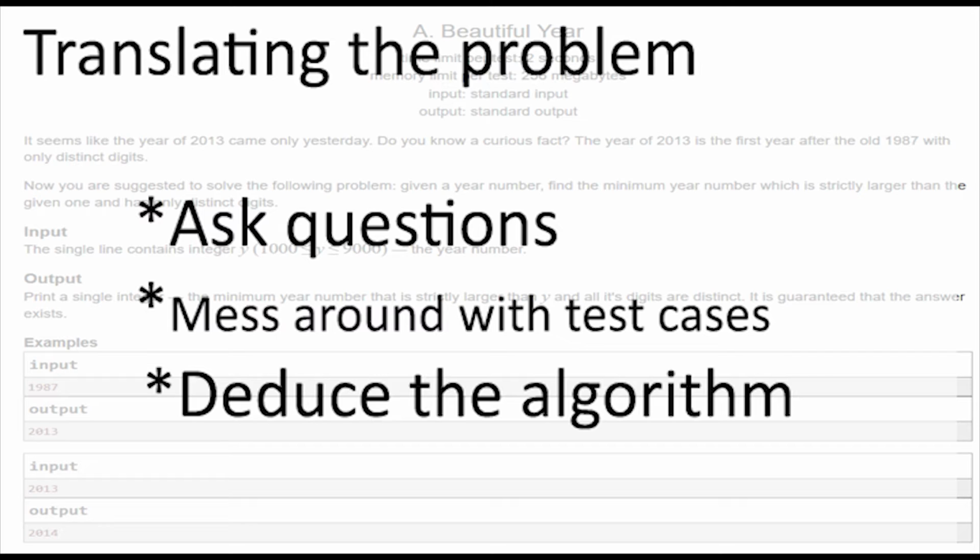We can get through it using just the questions that we might ask ourselves and breaking down this problem into smaller pieces.